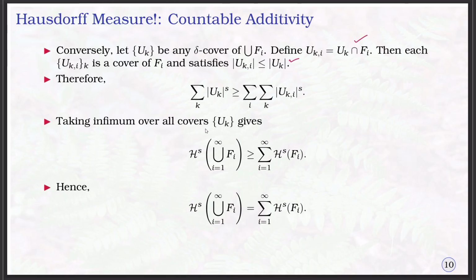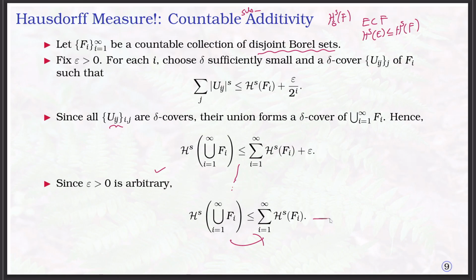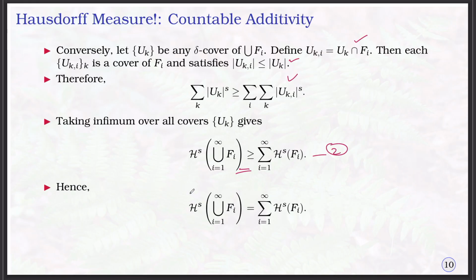Taking the infimum over all covers Uk gives that Hs of the union over i equal to 1 to infinity of Fi is greater than or equal to the sum of Hs of Fi, because this is the covering of the union of Fi and this is the covering of the Fi's. So you will get this inequality. Calling this equation 2 and the earlier one equation 1, from 1 and 2 one can conclude that Hs of the union of Fi is equal to the sum of Hs of Fi.